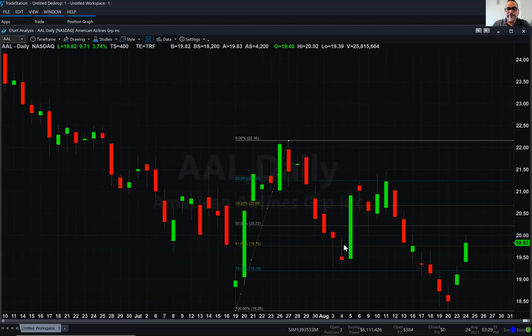It actually touched the 61.8, kind of bounced back up, and you can see that now it's touching that 100% one more time. So the bouncing and the breaking of the lines, you're going to see that is significant.